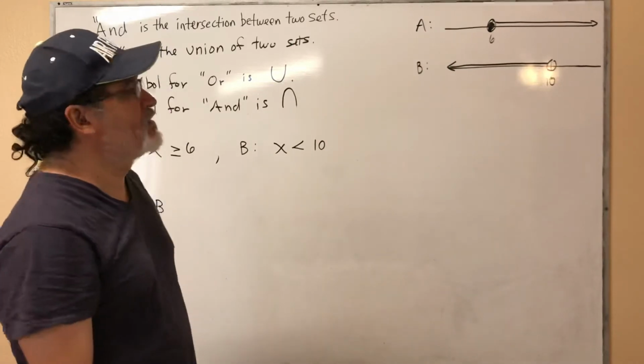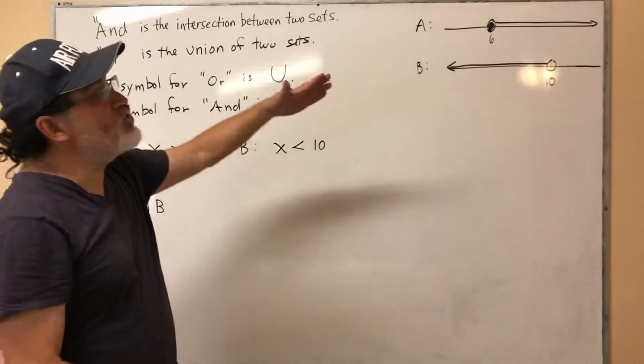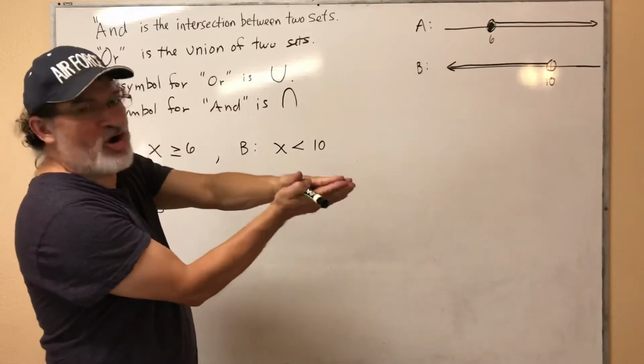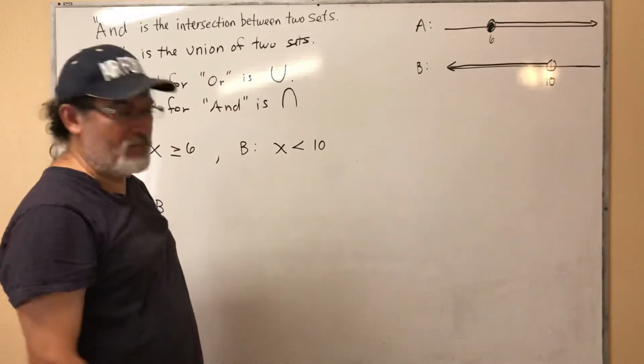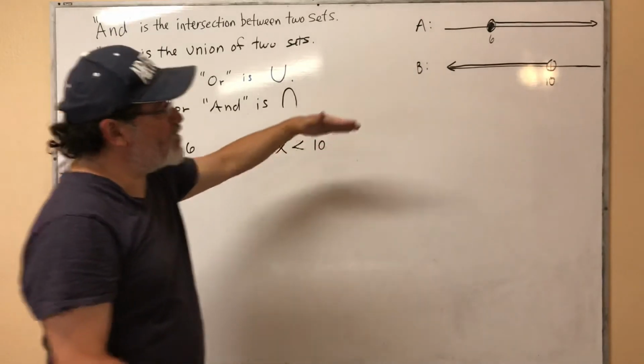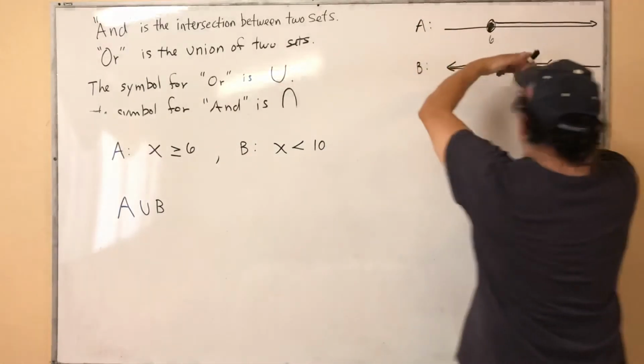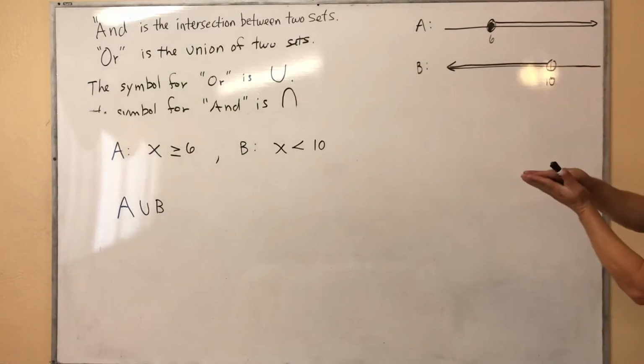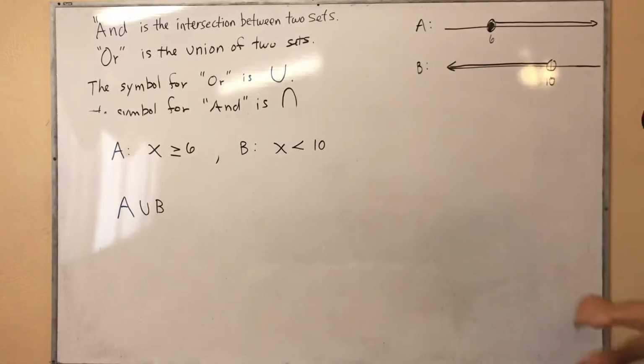To take the union, just put those two graphs together. If you put these two graphs together, collapse one into the other, what's the answer?